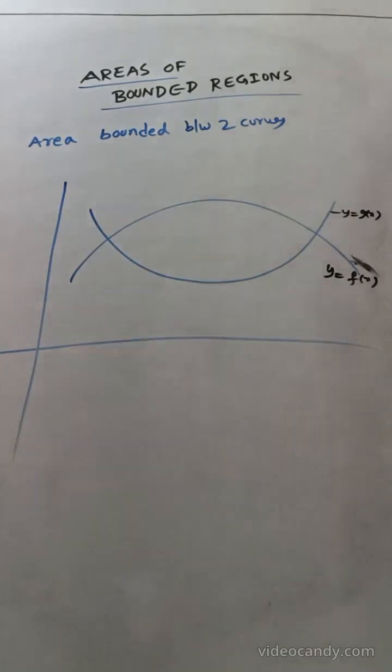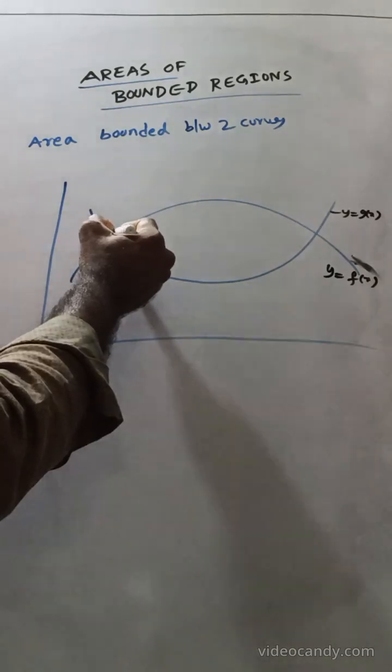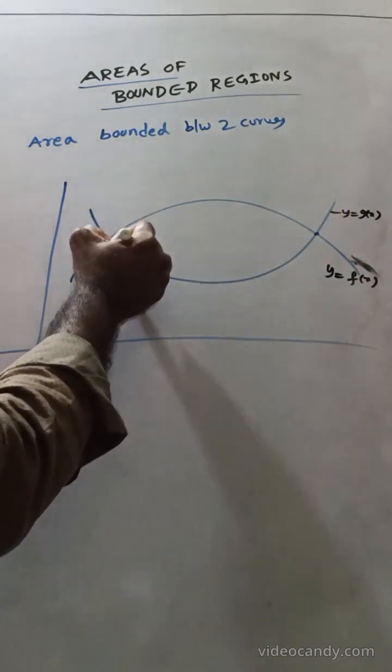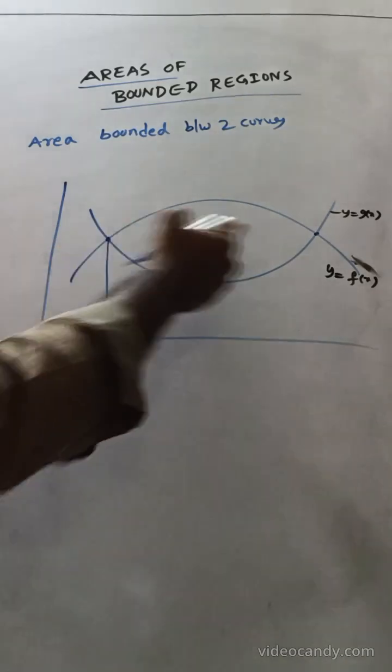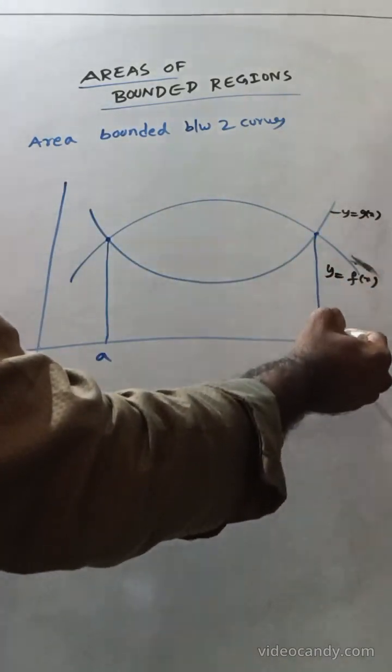Now what is the area I want to find here? These two curves are intersecting at two places. This is a point A, where the x value is A and the y value is the point of intersection of these two, and here the x value is B.